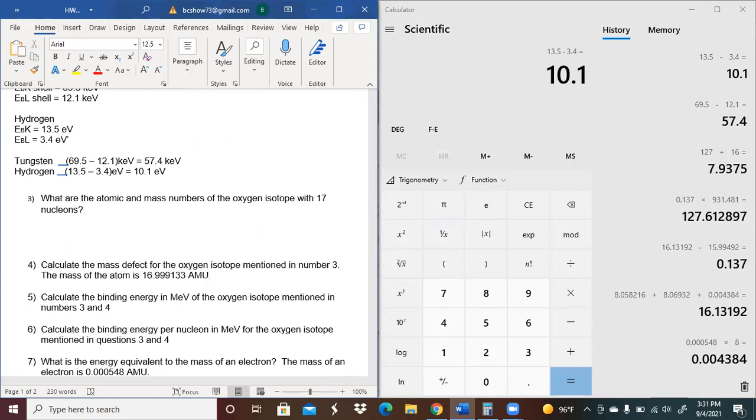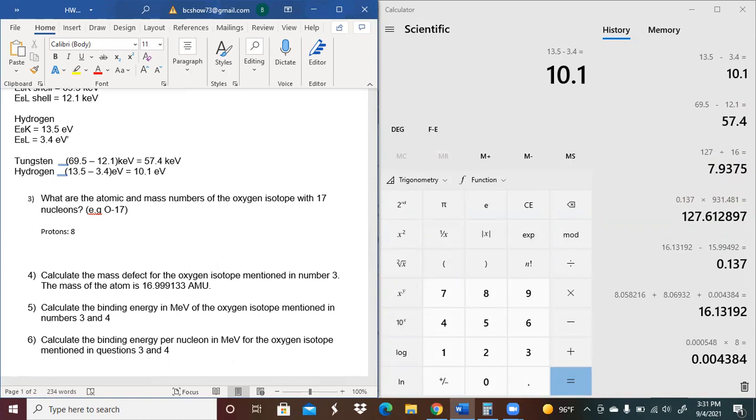So what are the atomic and the mass numbers of the oxygen isotope with 17 nucleons? In other words, oxygen 17. Now, if you remember from what we just discussed, the number of protons here is going to be 8. Because 8 protons is what defines the atom being oxygen. But what about the isotope with 17 nucleons?